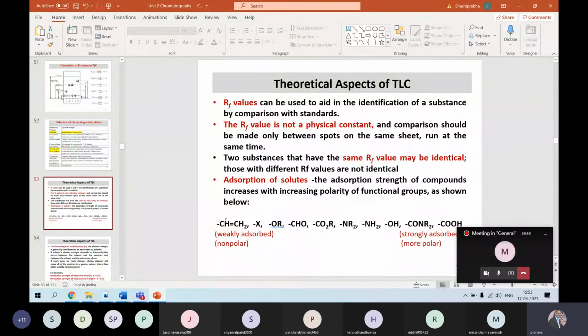Whereas if it moves very fast with the mobile phase, then these are the likely functional groups, which don't allow your analyte to interact more with the polar stationary phase. So that is something regarding the RF values you obtain for different kinds of substances carrying different functionalities.